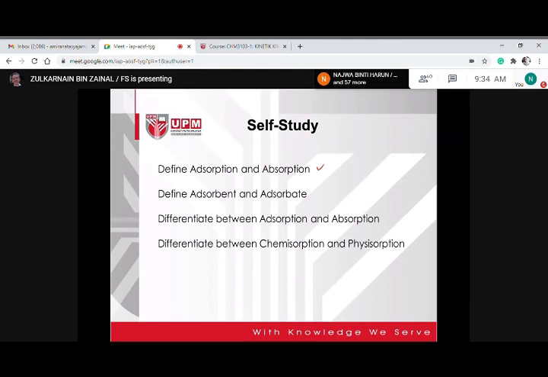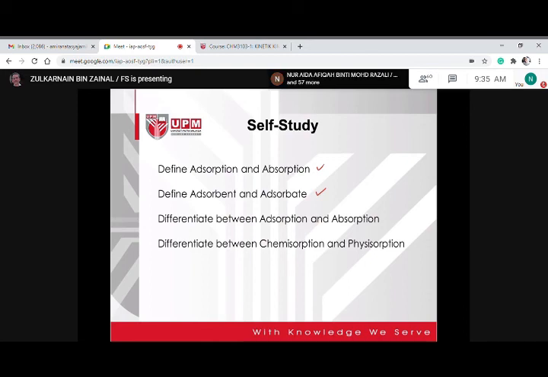Please find out what is adsorbent and what is adsorbate. As I mentioned to you, please find out how you define that, how you explain that in words. Differentiate between absorption and adsorption. When you define it, it doesn't matter how. There's not only one way of defining. This is just to know your understanding.